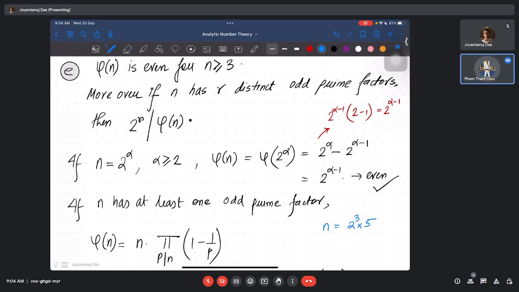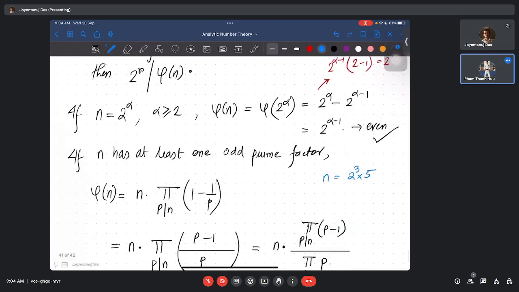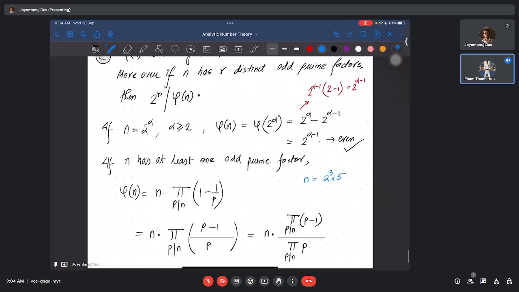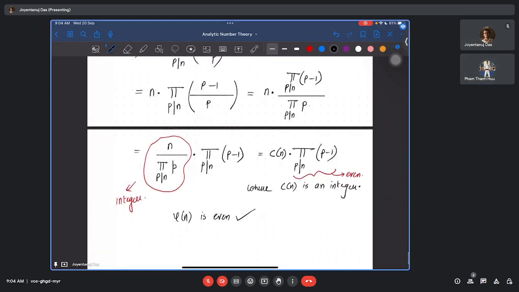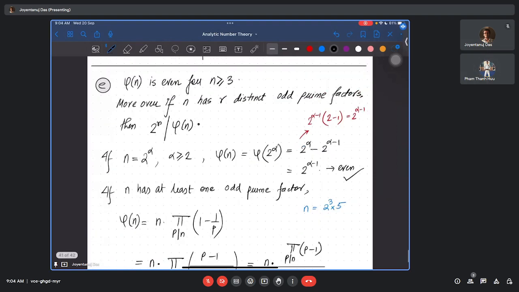So these are the only two cases possible, it's a binary divide. In both cases, I showed that phi of n is even. So this proves our first claim, that phi of n is even for all n greater than or equal to 3.